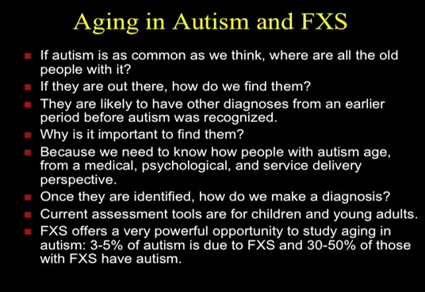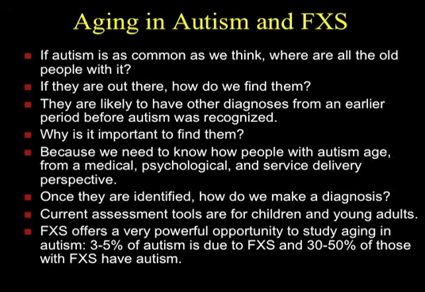The reality is that because autism was identified and described not that long ago, many of these very elderly people probably have diagnoses from an earlier period, before autism was even recognized or diagnosed. So that's one problem. A reason that it's important to do these studies is that we need to know how these people with autism and Fragile X age, from a medical, psychological, and service delivery perspective.